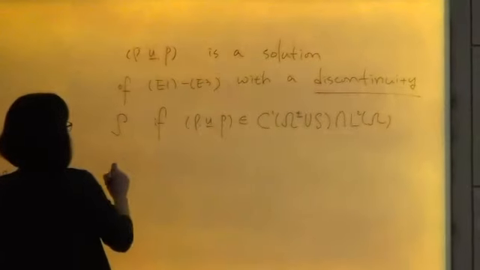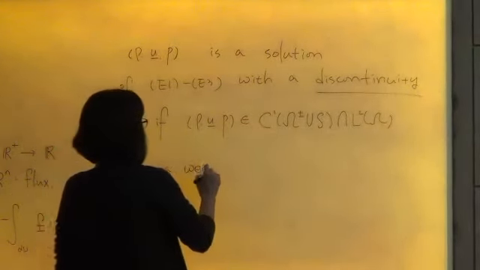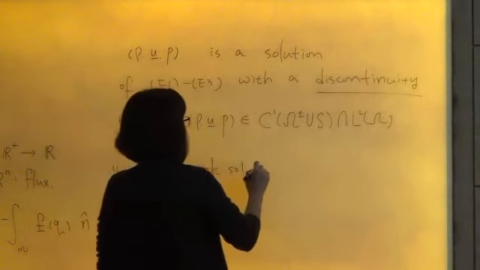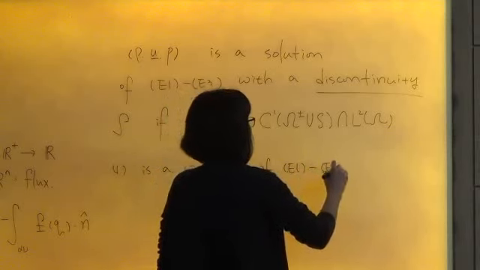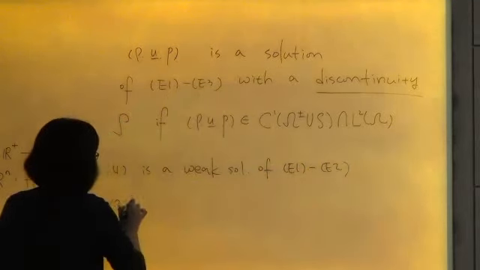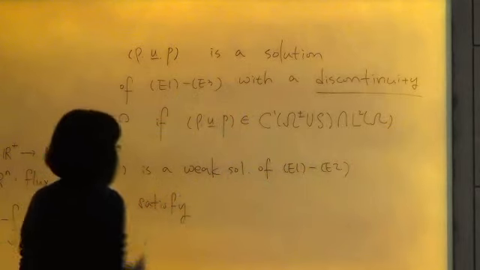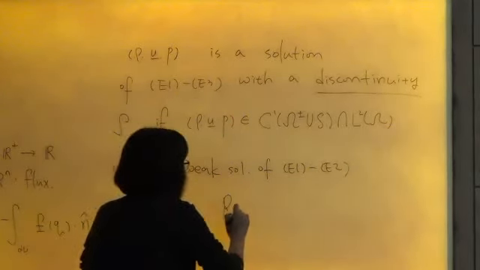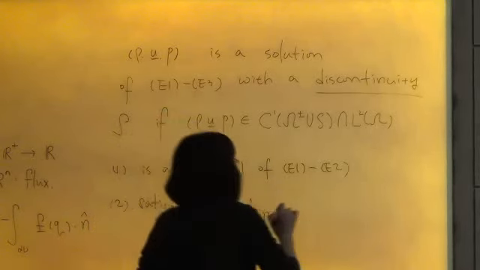If they is first a weak solution of this Euler system, 2, and they satisfy the important so-called Rankine-Hugoniot condition. So I will write down what they are over there.